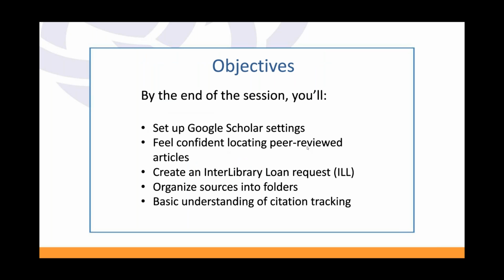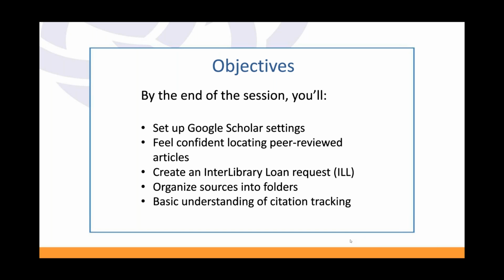So part of the goals that I want you guys to know is, set up your Google Scholar settings, and I'll show you guys how to do that. We do have a research guide for you guys to reference on that. Feel confident in locating peer-reviewed articles. It is possible to find peer-reviewed articles. If you haven't heard of interlibrary loan, you guys will be very familiar with that at the end of this session.